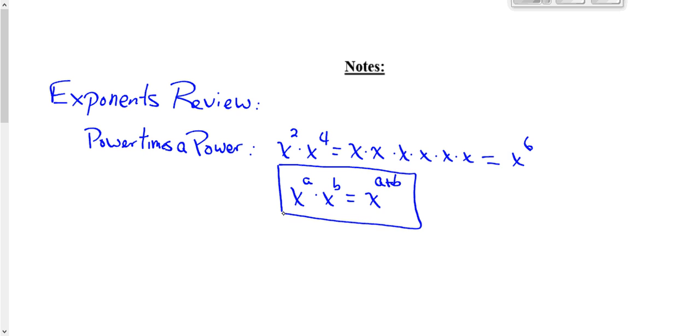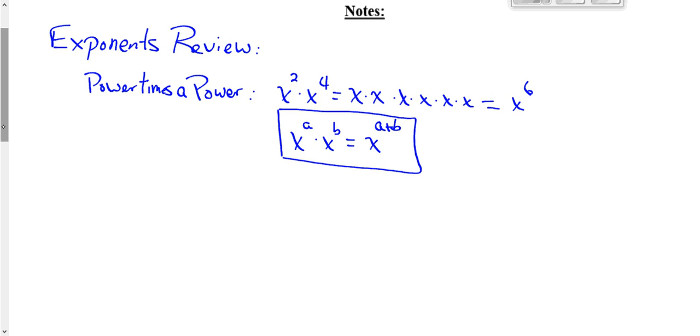And I think we looked at one that was kind of like this. How about x to the 5th divided by x to the 3rd? So x to the 5th, of course, would be x over what?